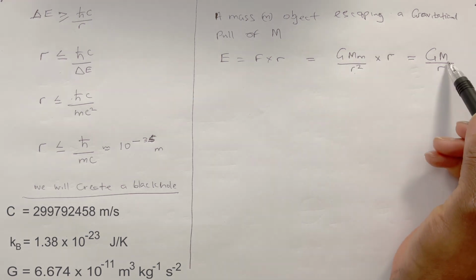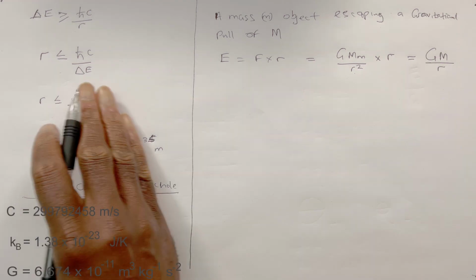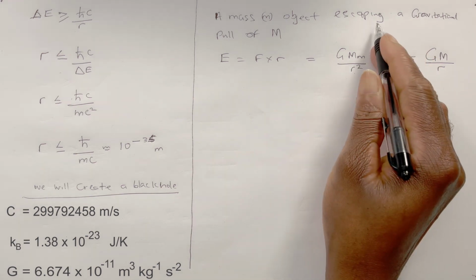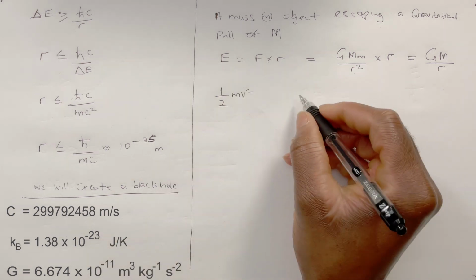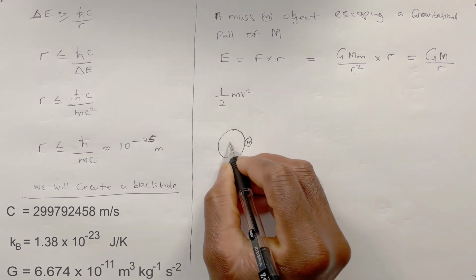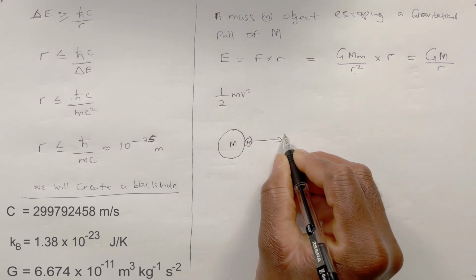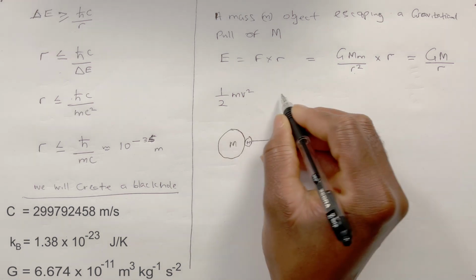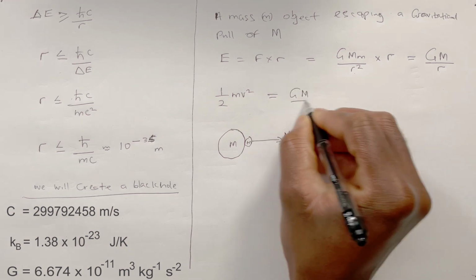And then the kinetic energy required to give the object a higher speed to escape the gravitational pull will be half mv squared. We want to escape from that big M, so the object has to have a velocity, and the velocity will have a kinetic energy. That kinetic energy must be equal to the energy of the gravitational pull, so GMm over r.